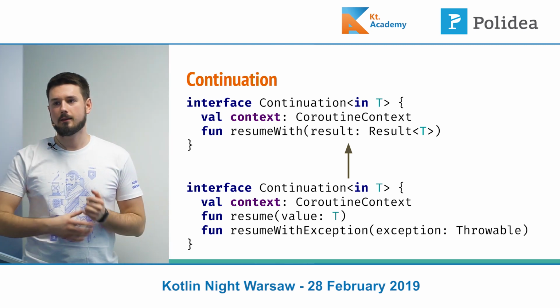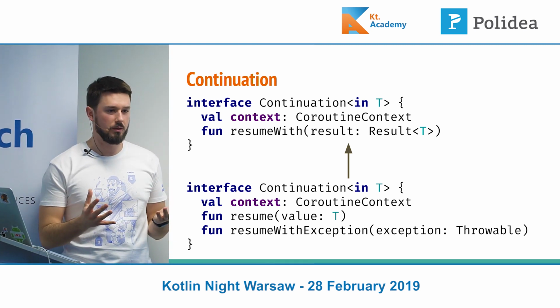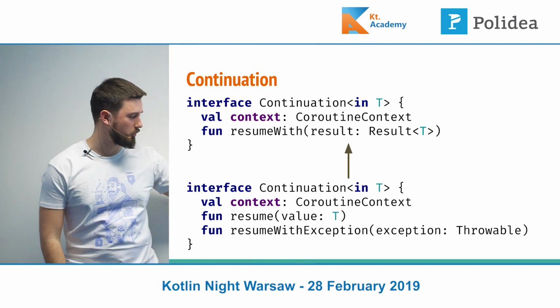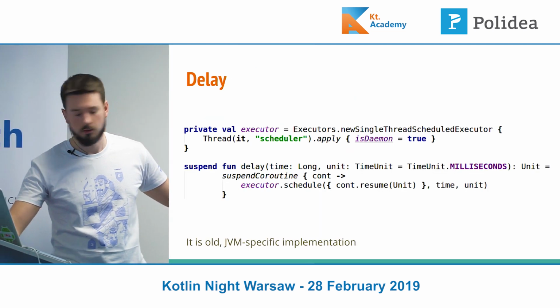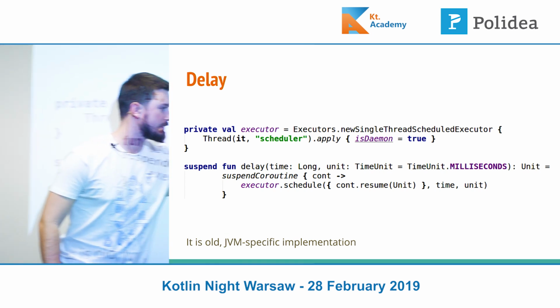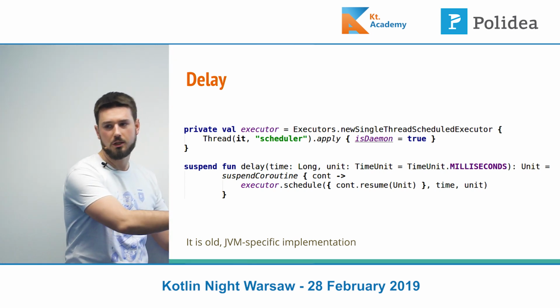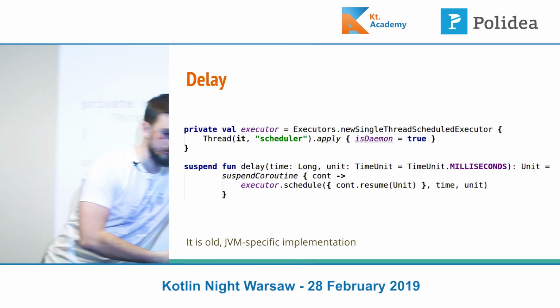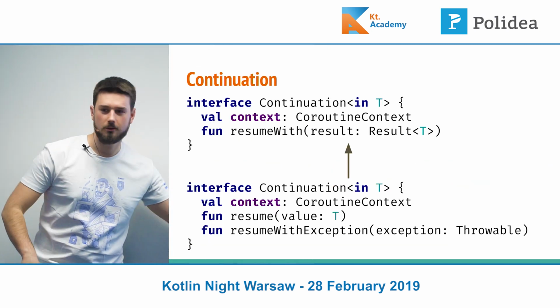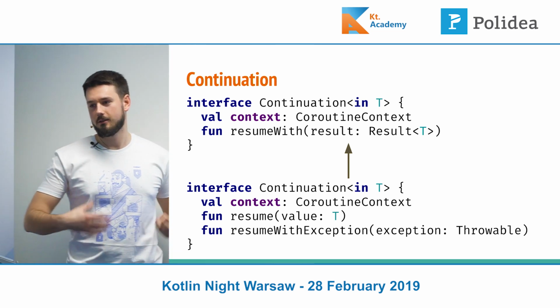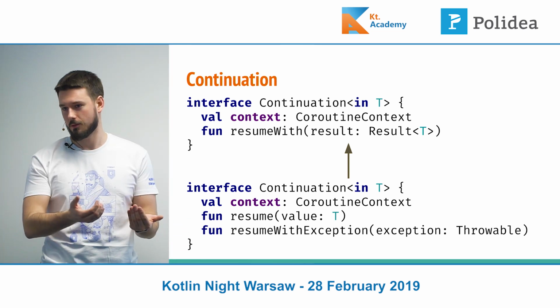Okay? And there are two ways we can resume it. We can resume it with resume, meaning that if we call resume on the continuation, it's like delay returned Unit. We can also resume it with an exception. Resume with exception is like delay threw an exception.